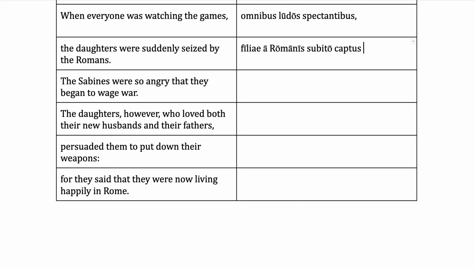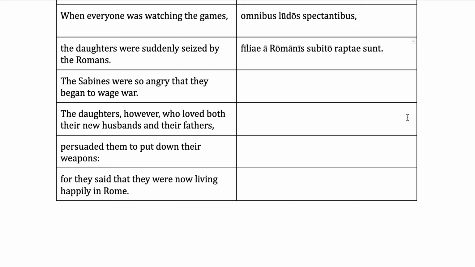So captus sum, captus es, captus est, capti sumus, capti estis, capti sunt. So we need sunt for third person plural. And the other thing is that this captus here is a participle, so therefore it is like an adjective. It has to agree with filiae. So captae sunt. They were captured. Or in fact, if we want to say seized, a better word actually might be rapio, so therefore raptae sunt.